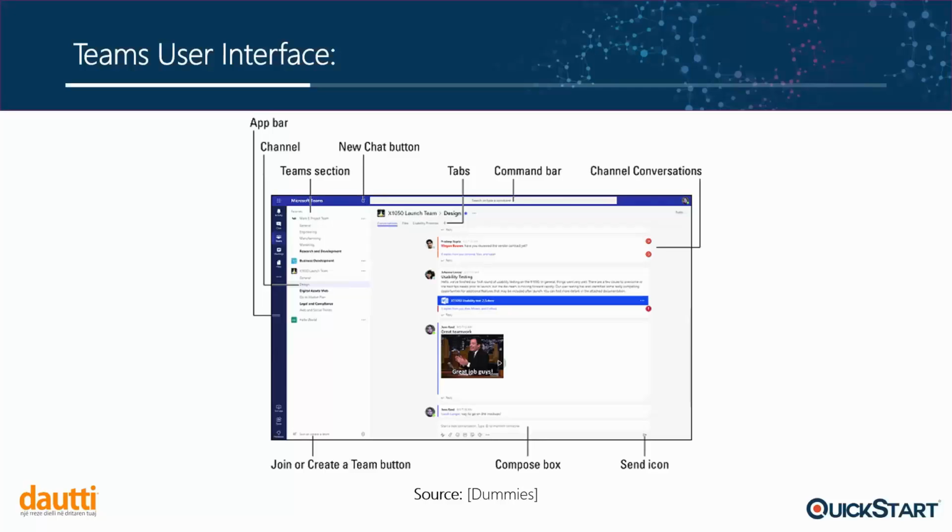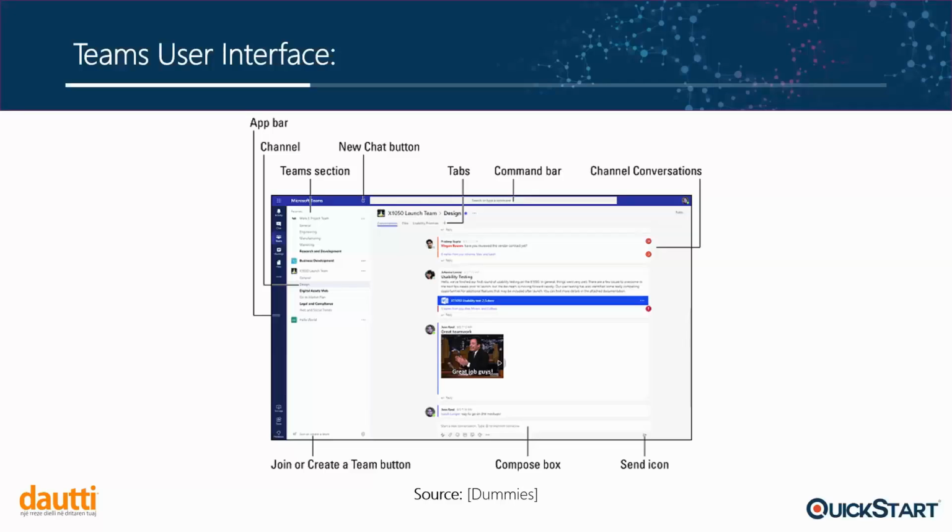In terms of the new chat, as we can see up there on top of this user interface, the new chat enables you to start a new chat with an individual or with a group as well. If we use the add sign, obviously we are mentioning a specific member.